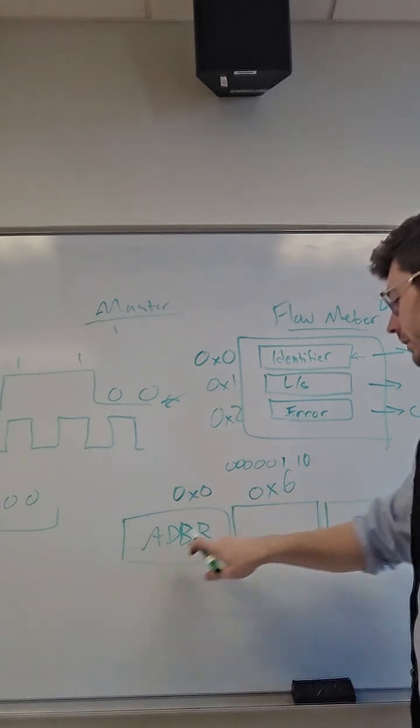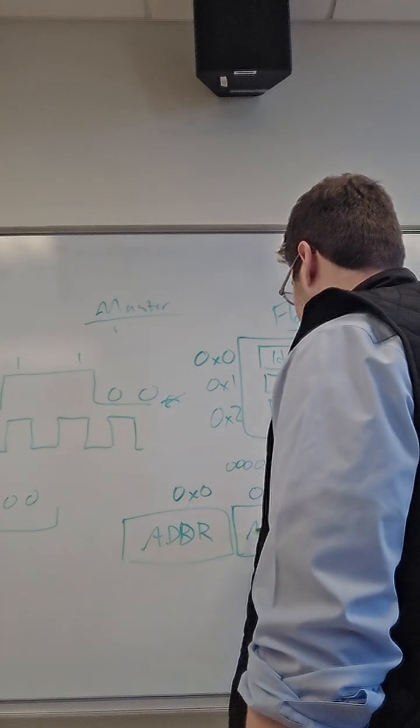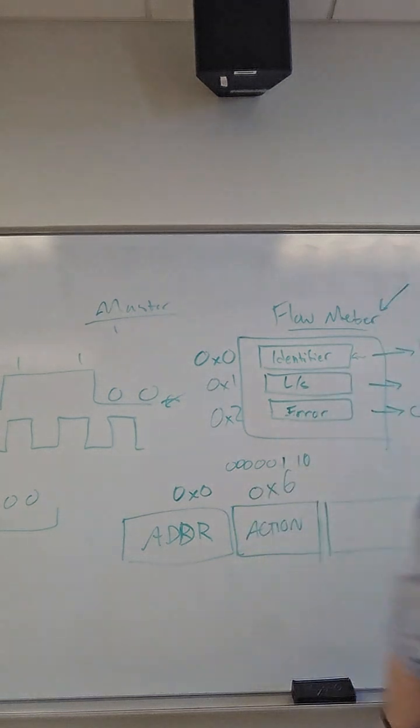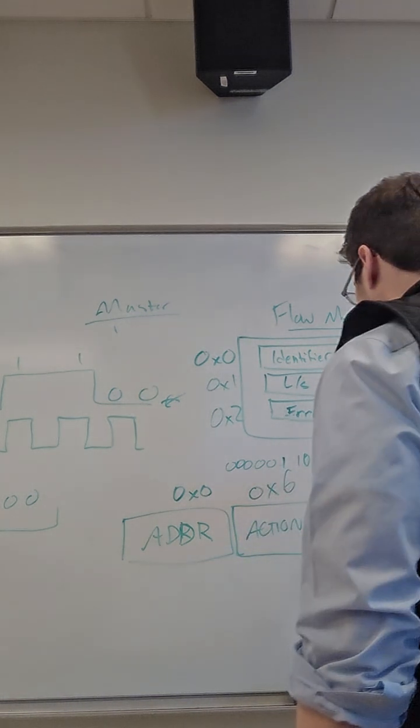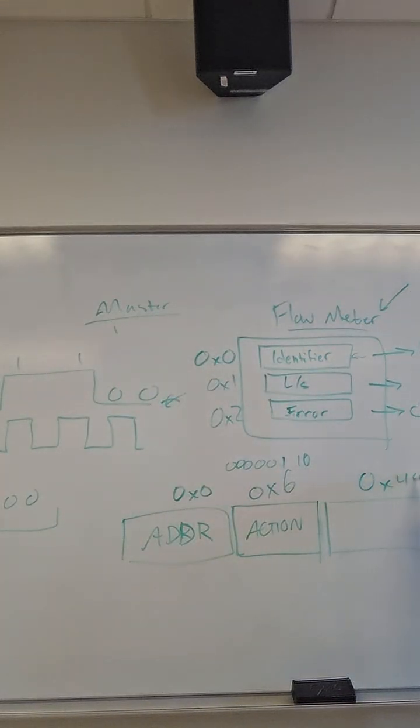So, the address is the first byte. The action is the second byte. What are we doing? And then the actual register, which one we are doing that to, is the next bit of information. So if we cared about changing what is in address 45, we would go 0x45.